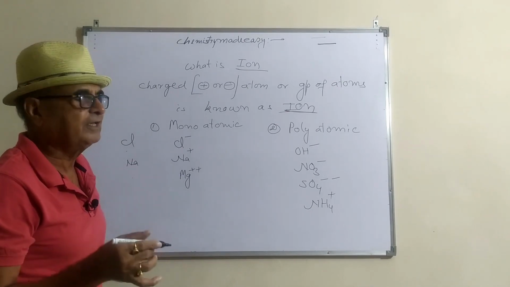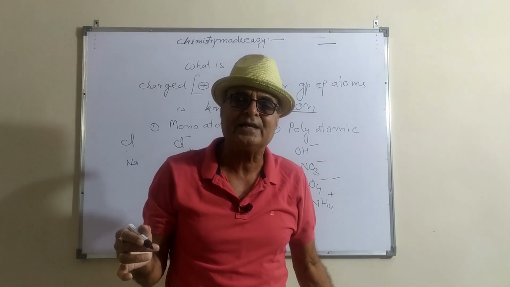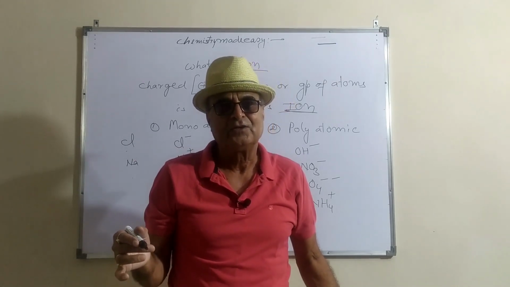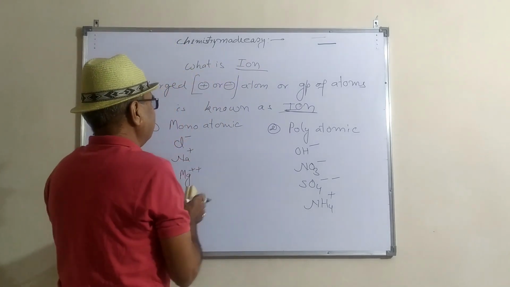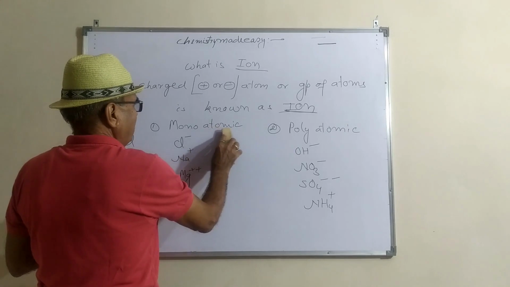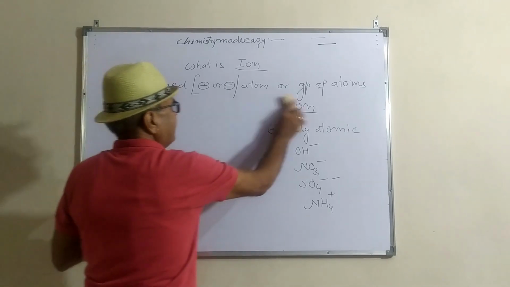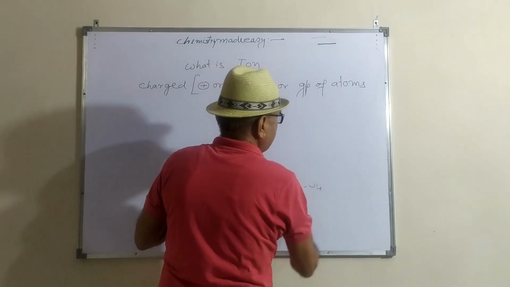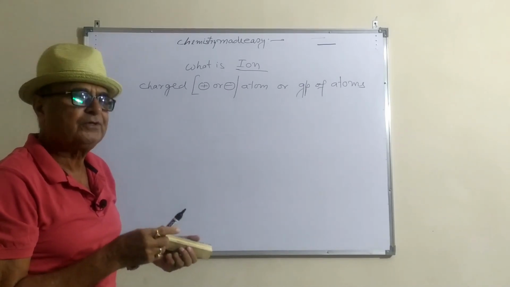One thing more: some ions are positively charged and some ions are negatively charged. On the basis of the number of atoms, the ions are of two types: monoatomic and polyatomic.